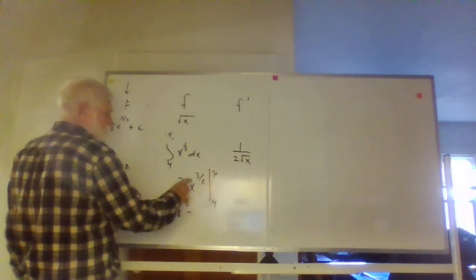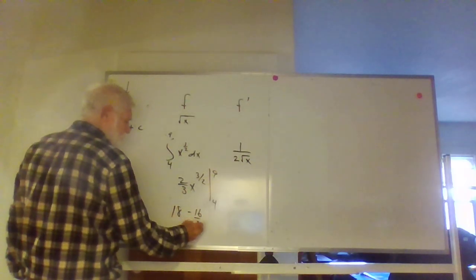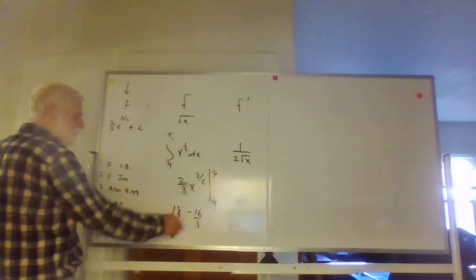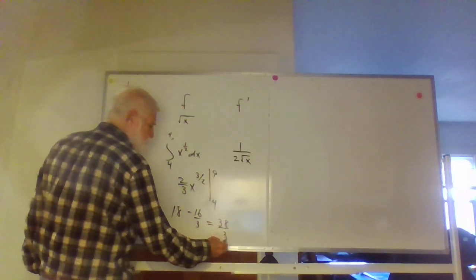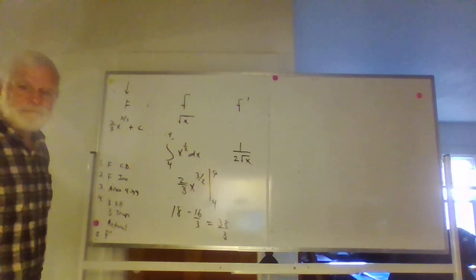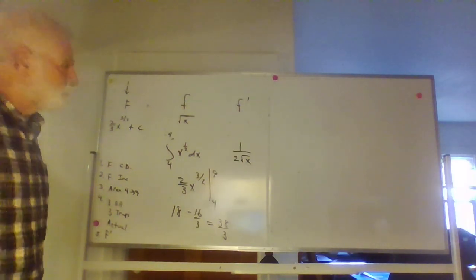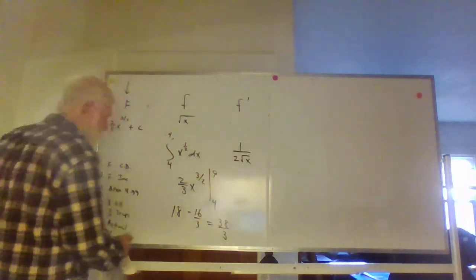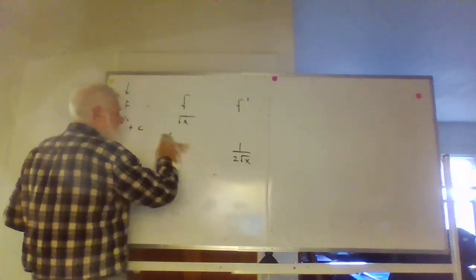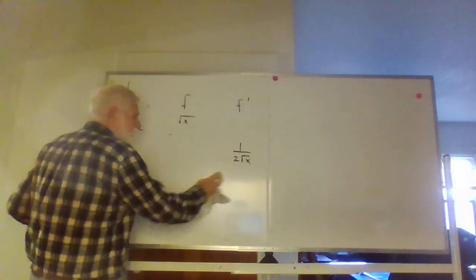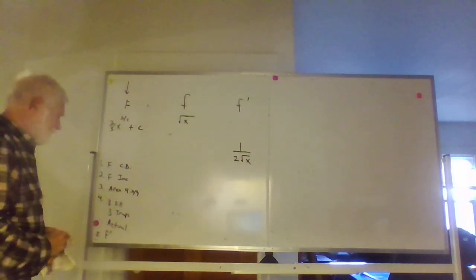And this is 16/3. So there's our 54/3 minus 16/3, which is 38/3. And that's the actual area, the exact area under the curve, using the notion of limits, eliminating more error with more and more rectangles, an infinite number of rectangles.